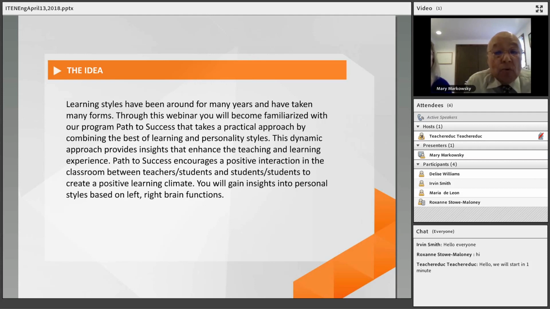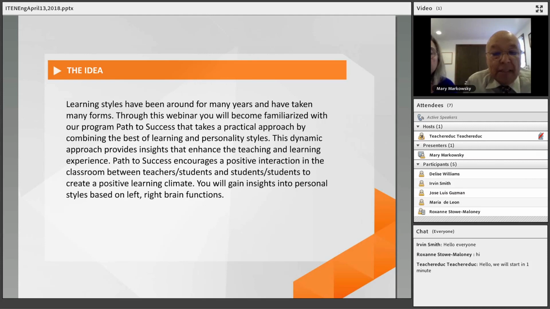This dynamic approach will provide for you insights that will enhance the teaching and learning experience. In Path to Success, we also encourage a positive interaction in the classroom between teachers and students, and students and students, to create a positive learning climate.